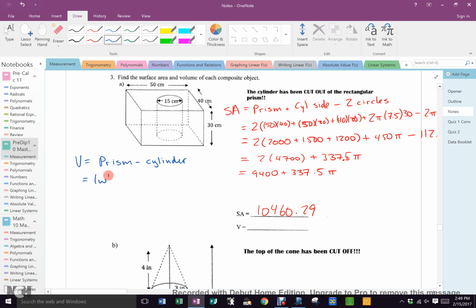Prism is LWH minus a cylinder, pi r squared h. LWH is 30, 50, 40 minus pi r squared, 7.5 squared pi times 30.